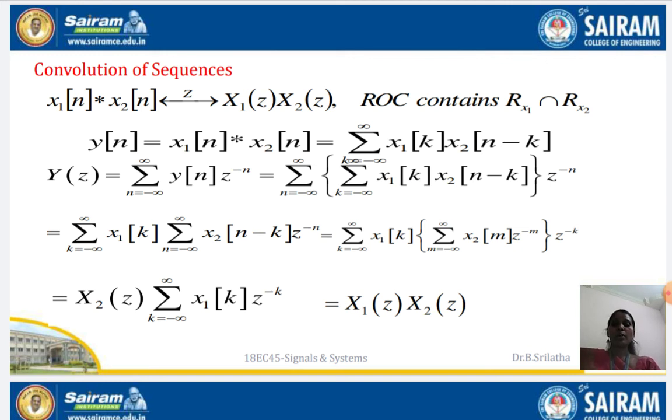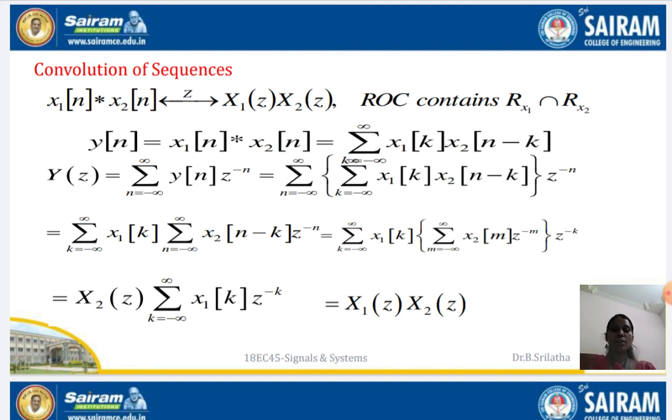Now I am going to interchange the limits. First I write the k summation, k equal to minus infinity to plus infinity x1 of k, and the n summation only for the terms where we have n, that is x2 of n minus k and z power minus n. I am combining the two. Already we derived the same thing. So how to derive this one?